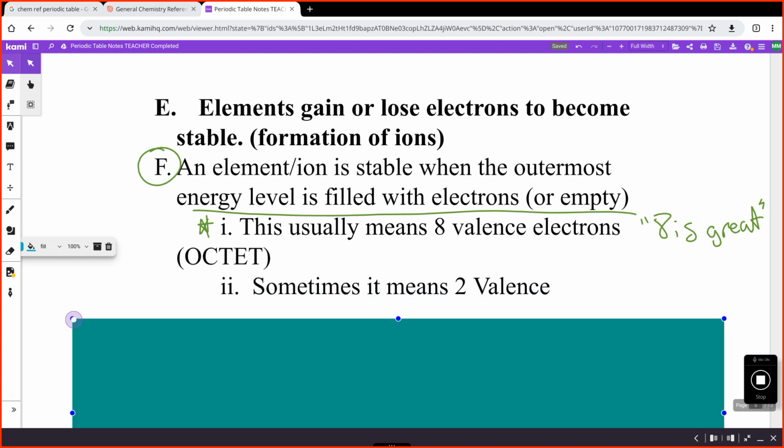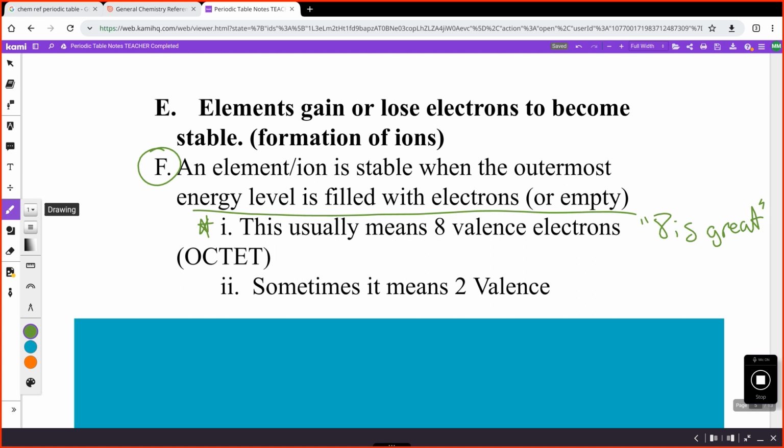On occasion, however, sometimes it can mean 2 valence electrons. When will 2 valence electrons form a stable atom? It will form a stable atom with only the first shell. Only the first shell can have 2 valence electrons to be complete. In the case of helium, it only has 2 valence electrons.